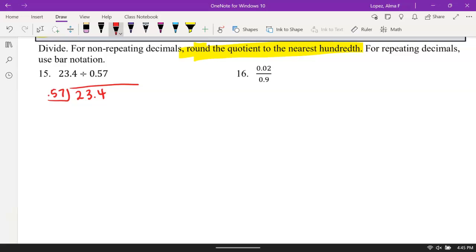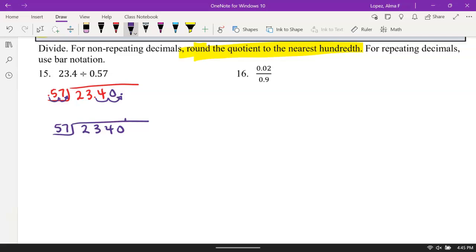But I'm going to need to move my decimal place 2 places to the right to get a whole number on the outside, which means the inside will also have to be moved 2 places. Here's my new decimal point. I'll need a placeholder. So I'm going to end up dividing 57 into 2340. And here's where my decimal place goes.